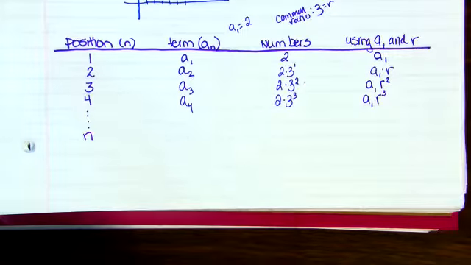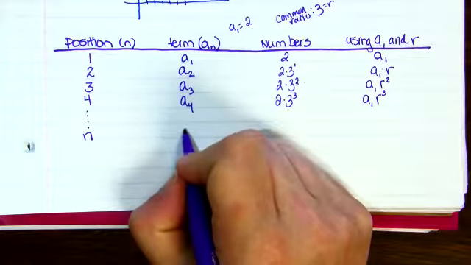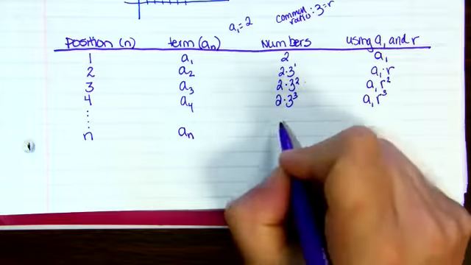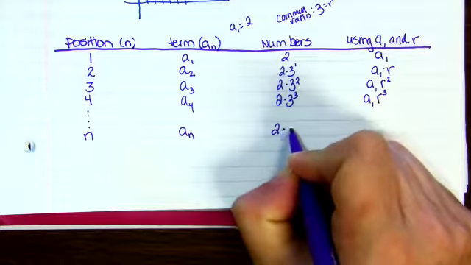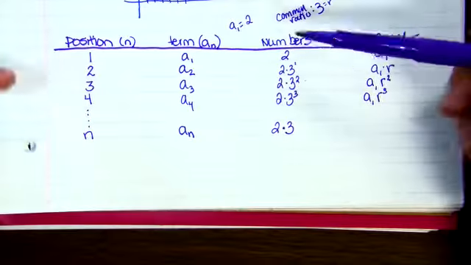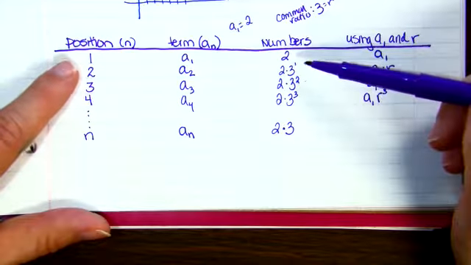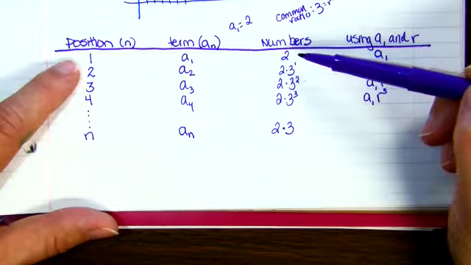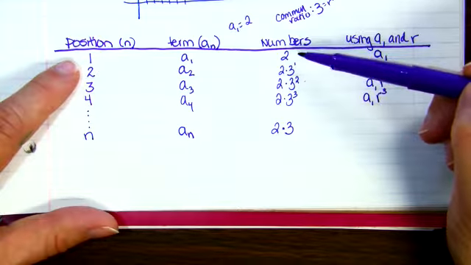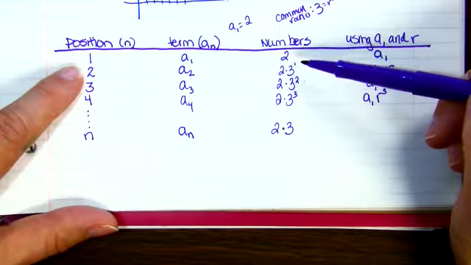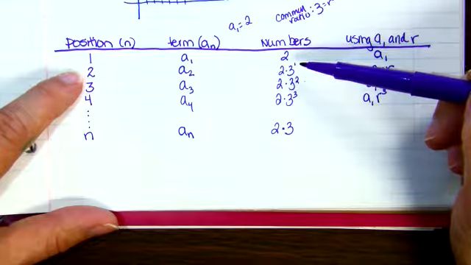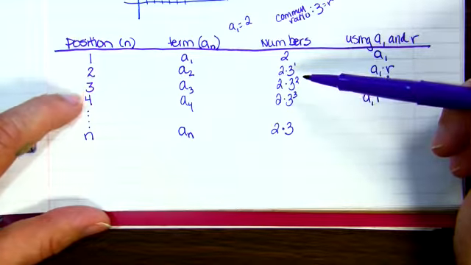And you should be able to see a pattern here then, which means when I'm on my nth term, so any term out there, that would be term a sub n. This would be 2 times 3 to some power. So let's look at how our exponent compares to our position. For my first position, this would be like 3 to the 0 power. For position 2, my exponent's 1. For position 3, my exponent's 2.